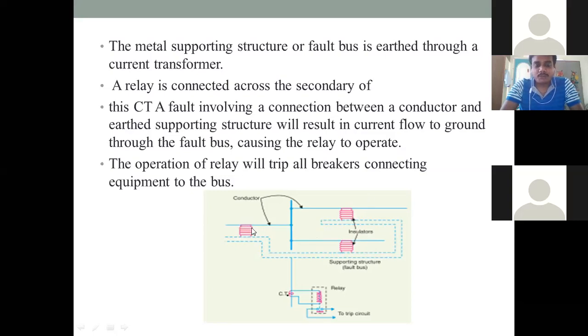If there is a fault current, it will be sensed by this fault bus, and the fault bus will operate the CT, and the CT will operate the relay circuit. This structure is called the metal supporting structure, or the fault bus, which is earthed through a current transformer. Here a relay is connected across the secondary of the CT, involving the connection between the conductor and the earth. The operation of the relay will trip the breaker.